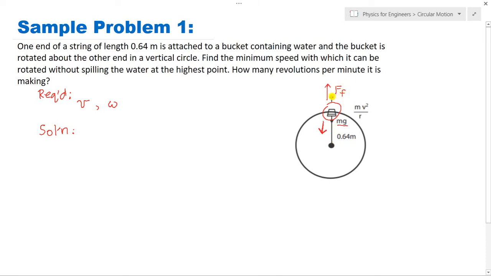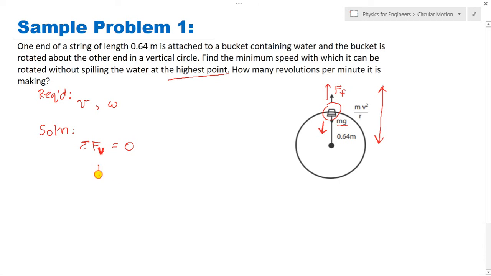This is your centrifugal force, FF. Therefore, if we sum up the forces along horizontal, I mean vertical pala. This is vertical. So the summation of forces along vertical should be equal to 0 in order to achieve this, that the water should not be spilled out during rotation at the highest point. So therefore, summation of force equals 0.